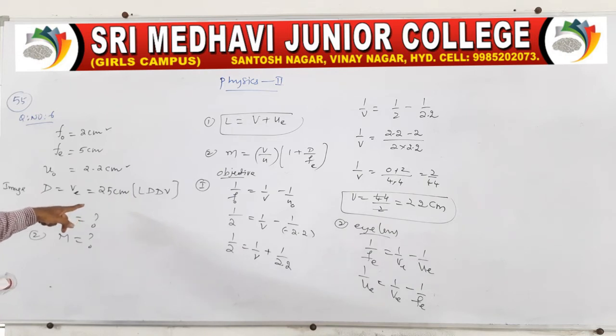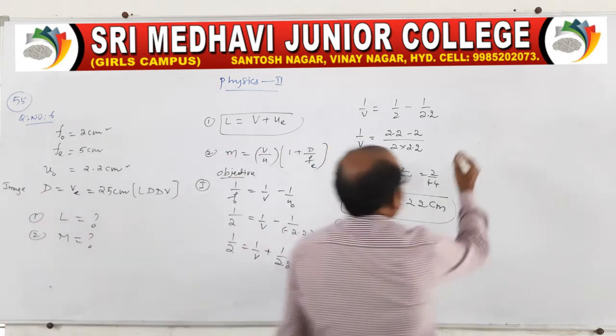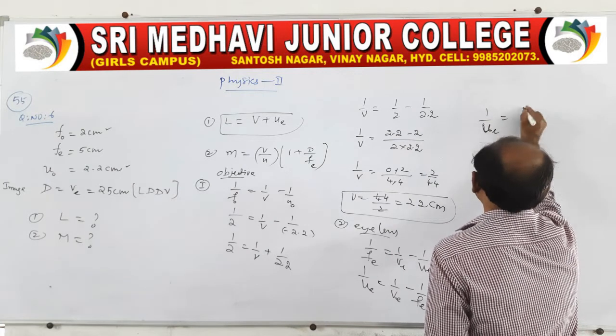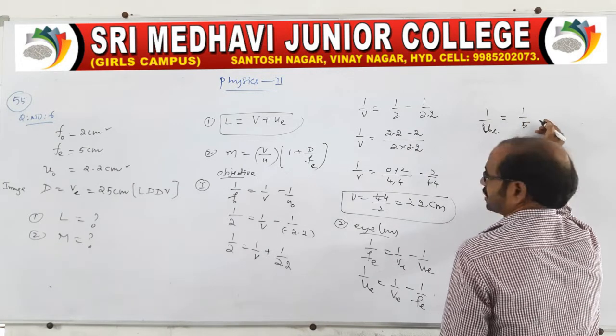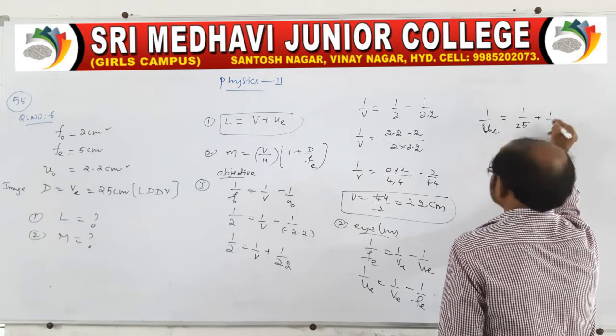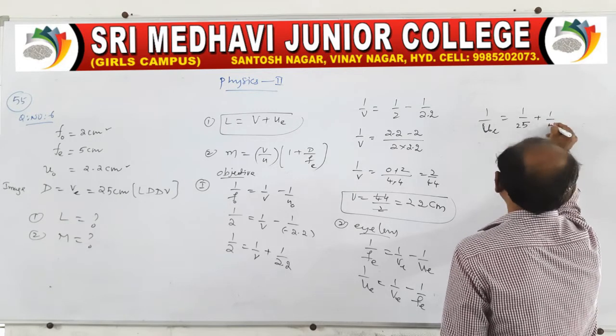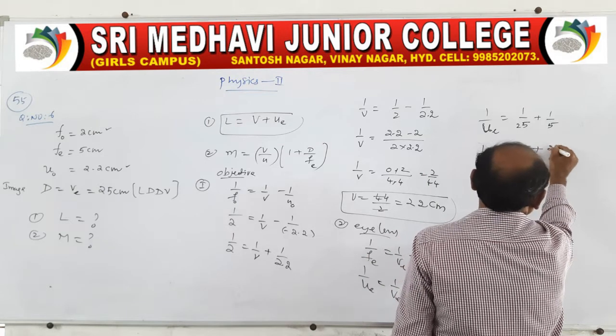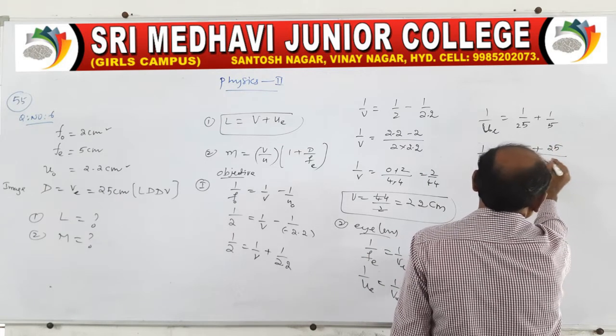It is 25 centimeter. It is 1 by 25 centimeter, and fe value is 5 centimeters. So after applying the sign convention, we may get 1 by ue is equal to 1 by 25 plus 1 by 5. You take a simplification, it is 5 plus 25 by 25 into 5.